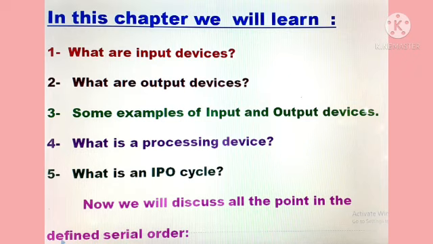In this chapter we will learn what are input devices, what are output devices, some examples of input and output devices, what is a processing device, and what is an IPO cycle. Now we will discuss all the points in the defined serial order.